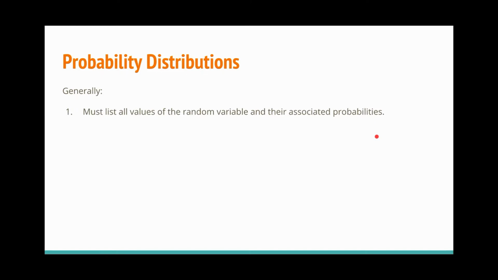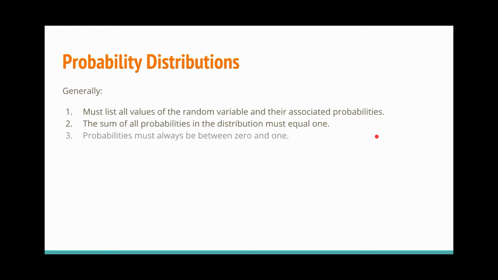So for example, if you roll a die, the random variable might be the number that appears on the top of the die when you roll it. When you add up all of the possible outcomes, their probabilities should sum to 1. And as before, and this is true all the time, probabilities always need to be between 0 and 1.